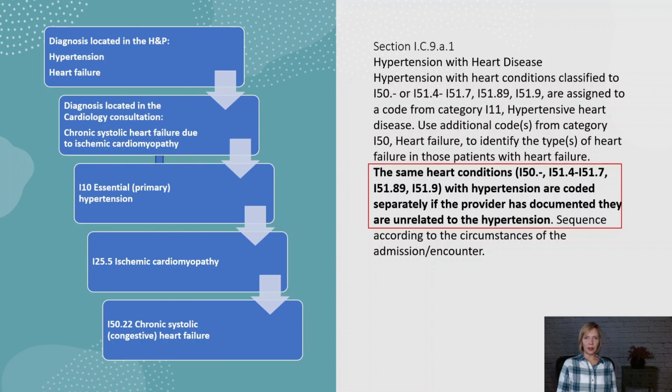In this scenario, the provider has specified a different cause for the heart failure other than hypertension. Because the heart failure was specified as being due to ischemic cardiomyopathy, the condition should be coded separately and not coded as hypertensive heart disease.